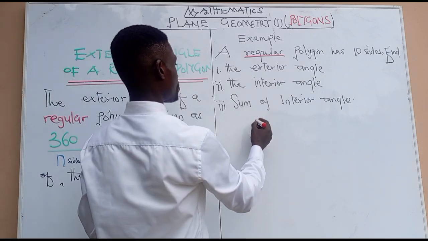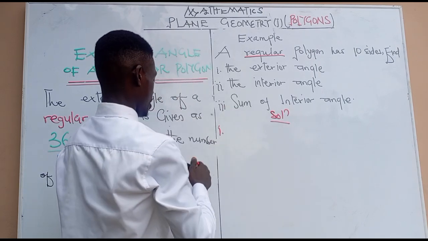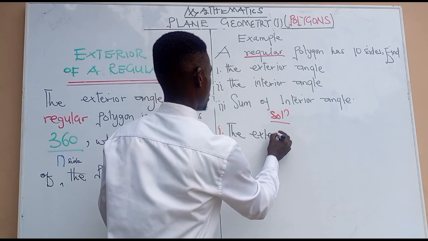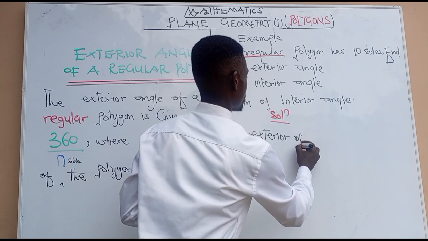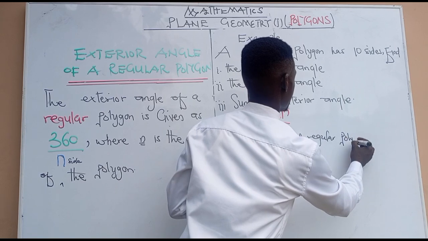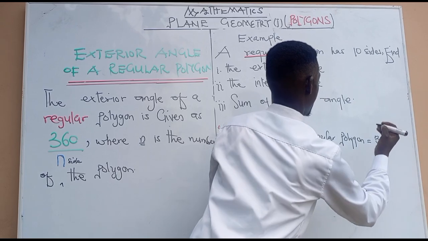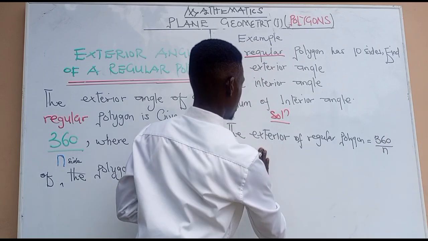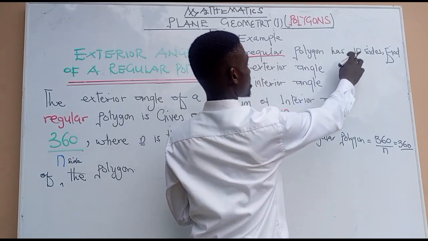So we have, the exterior angle of a regular polygon is given as 360 divided by n, where n is the number of sides of the polygon.